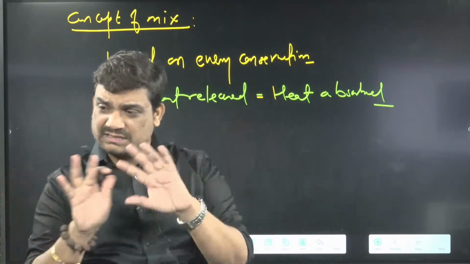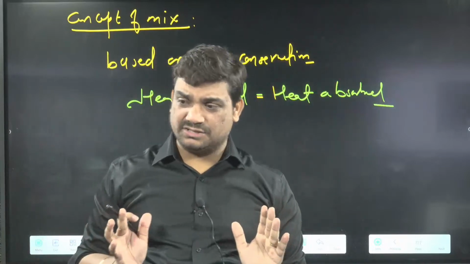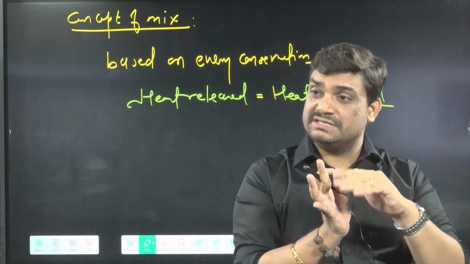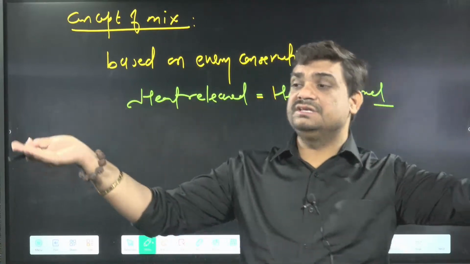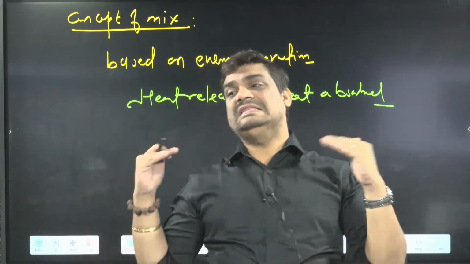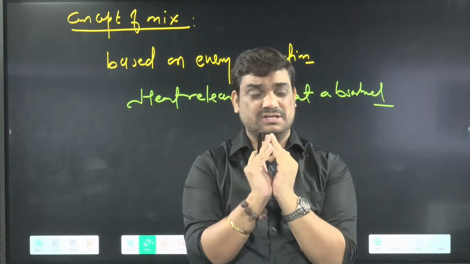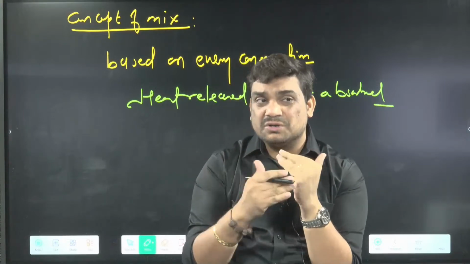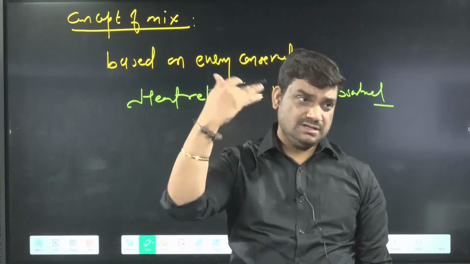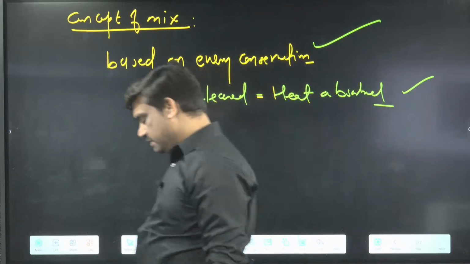Only they are balancing the energy of each other. No energy is released into the surrounding and no energy is coming from outside. Clear? So energy conservation: energy released equals energy absorbed.